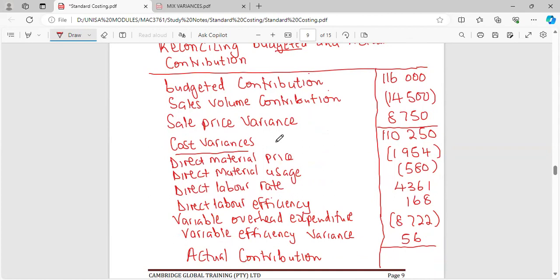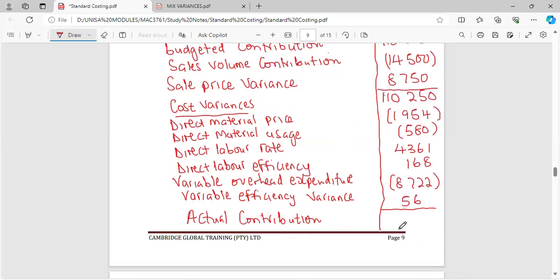So your variances, if it is a cost variance and it is adverse, it's going to reduce your profit because there's been an increase in the expenses. That's all that is happening here. And if it is favorable, it means you have reduced your expenses, so it's going to increase your profit. The same applies to the sales variance.